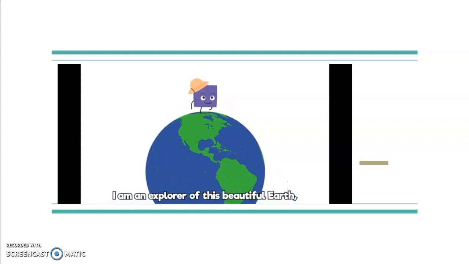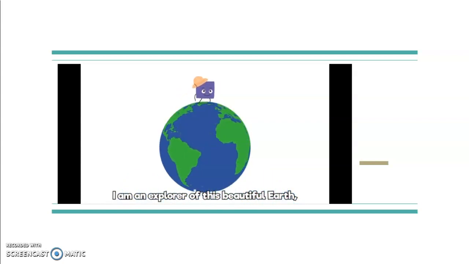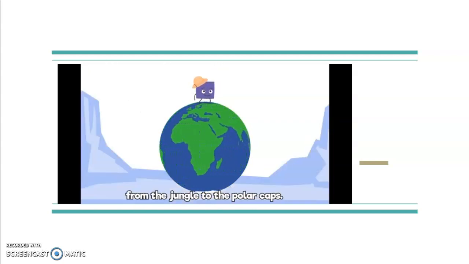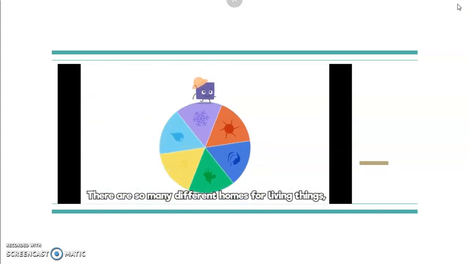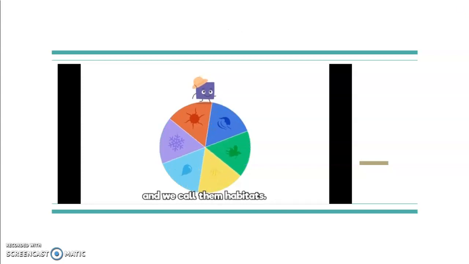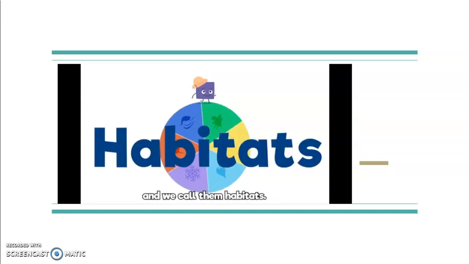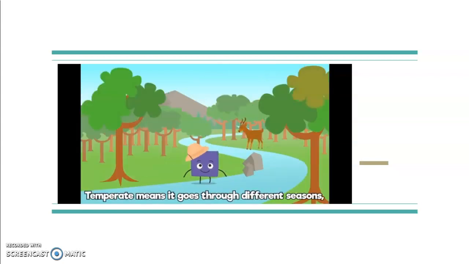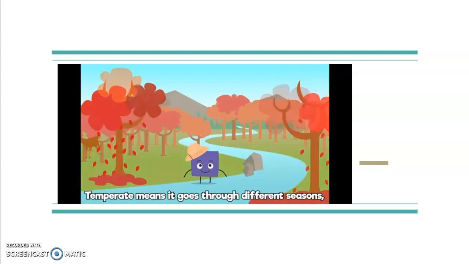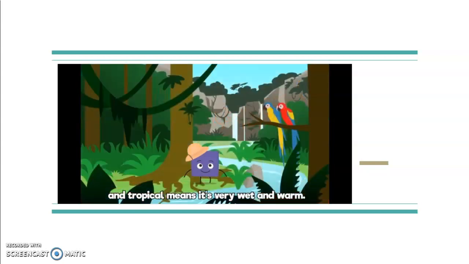I am an explorer of this beautiful earth, from the jungle to the polar caps. There are so many different homes for living things, and we call them habitats. A forest is made up of trees and animals. Oxygen and water are the norm. Temperate means it goes through different seasons, and tropical means it's very wet and warm.